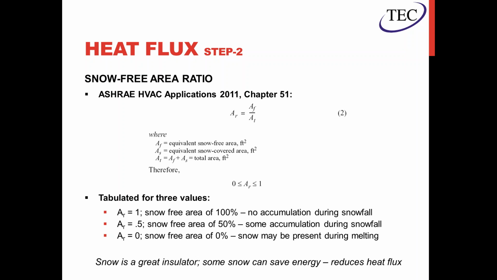If it's a driveway or a residential area or a commercial side area that does not need to be critically melted during that snowfall itself, then you could go with the snow-free area of 0 or 0.5. But if it's critical and there can be no snow accumulation during the snowfall, then you would want to go with 1.